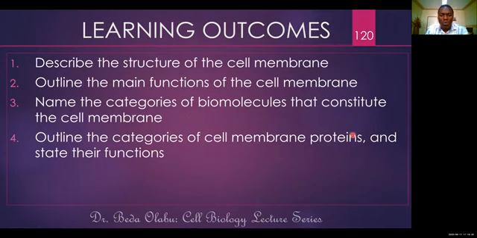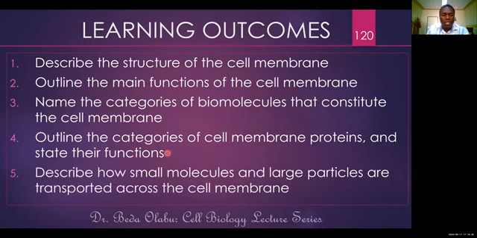We are going to narrow down to the proteins on the cell membrane. We are going to see how we classify them and their major roles. And lastly, we are going to describe how molecules are transported across the cell membrane. This is going to apply for both small molecules as well as large particles.